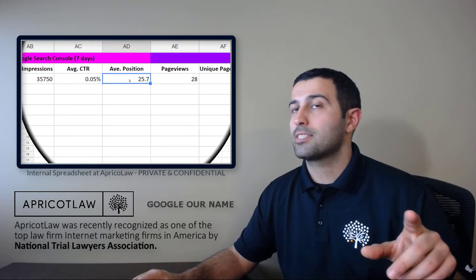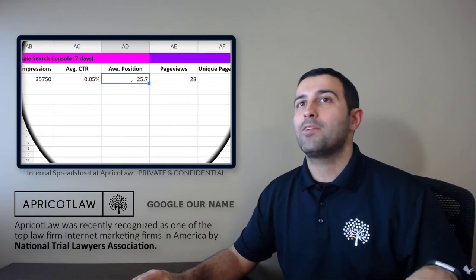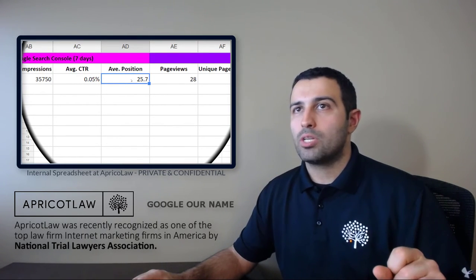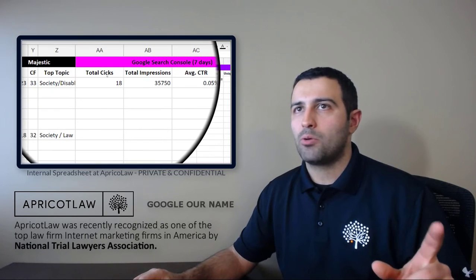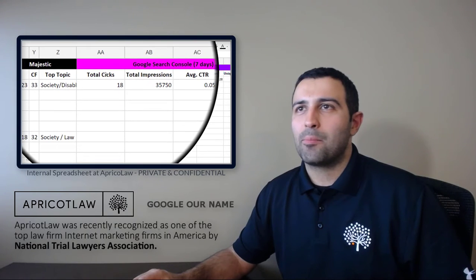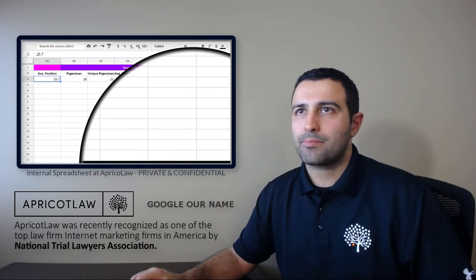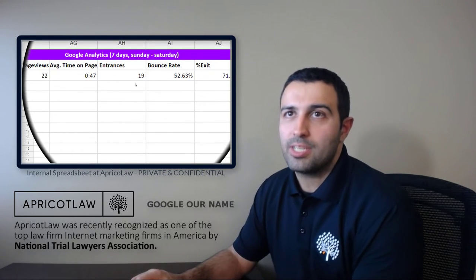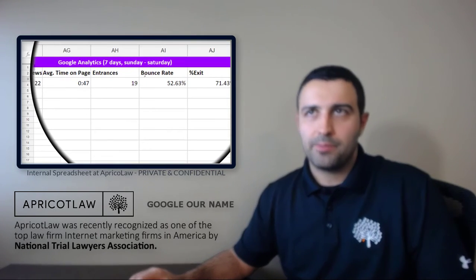So although it ranks number 2 for our target keyword, this is the average position across 404 keywords that it ranks for. So actually, I'm going to add a note to self: add the number of keywords that the page ranks for in Search Console. How many different keywords have been used to find the page?